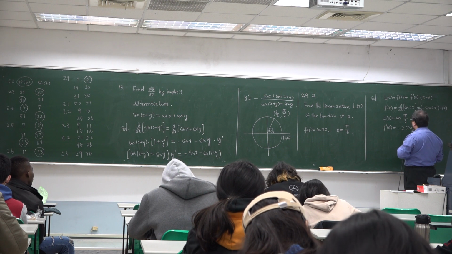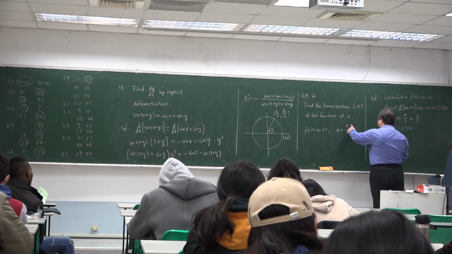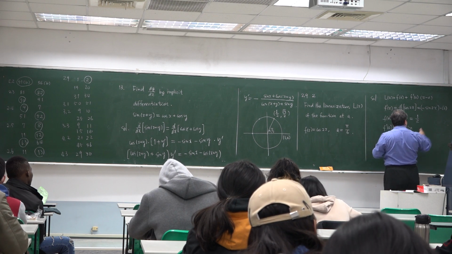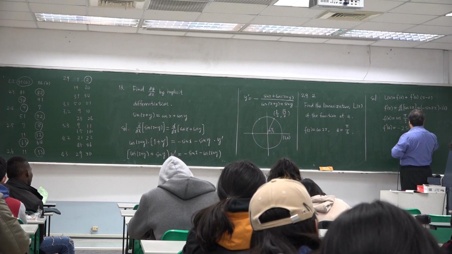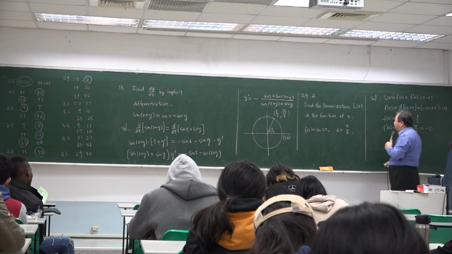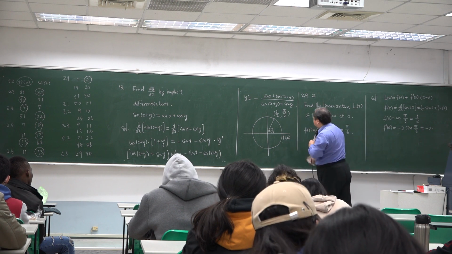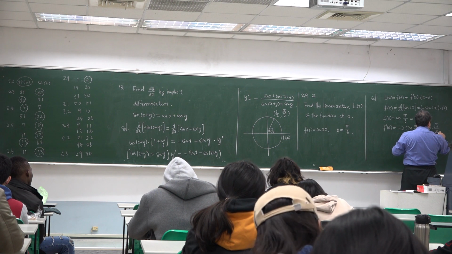Sine 2x, x equals a equals pi over 6. So 2a is pi over 3. Sine pi over 3 is square root of 3 over 2.